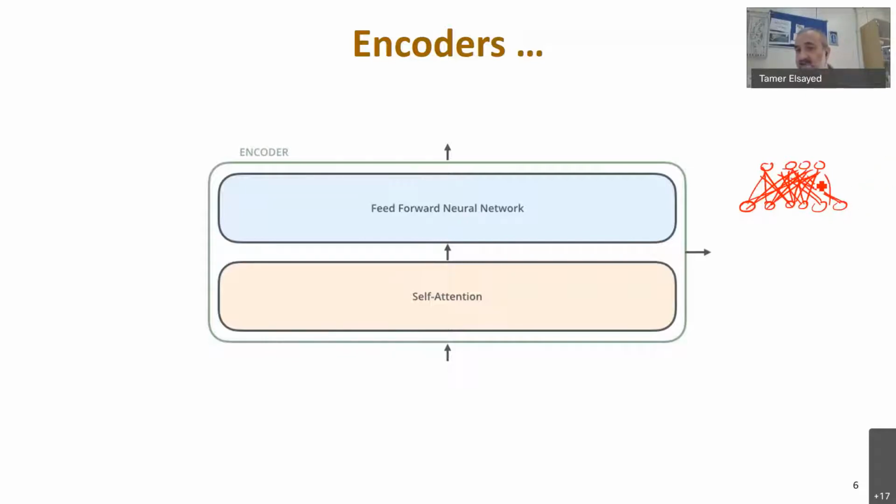Actually, this is one layer, but in the transformer, I think they have two layers, with a different number of nodes in each layer. But we will not say much more about that. This is just the feed-forward. We'll just call it feed-forward neural network. So that's the top sublayer in each encoder.